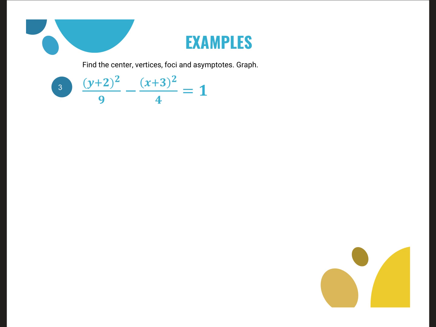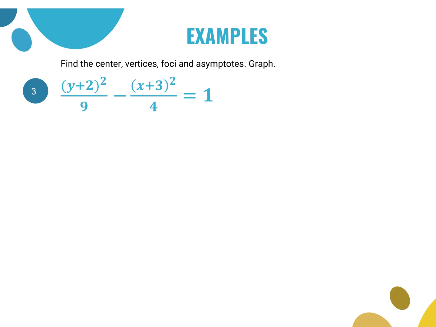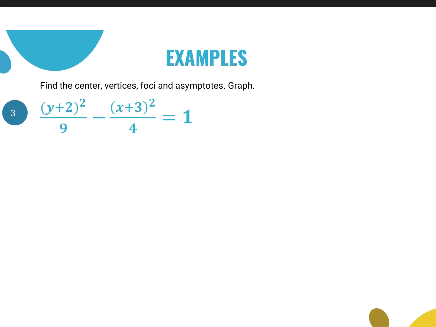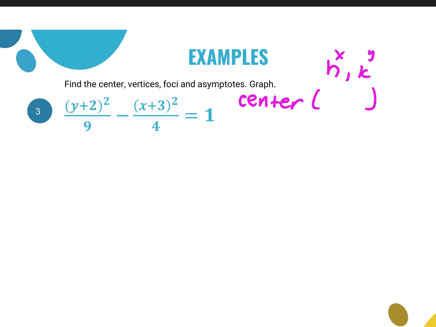All right, so let's talk about what we can identify just by looking. First of all, if you had to name this conic, is this a parabola, an ellipse, or a hyperbola? How can you tell, other than we've been working on hyperbolas? The minus sign in the middle, okay? Where is my center? All right, let's make sure that we said that right, because remember, our center is your H and your K, your X value, and then your Y. Don't get confused.